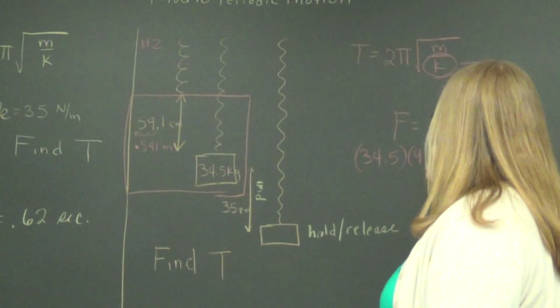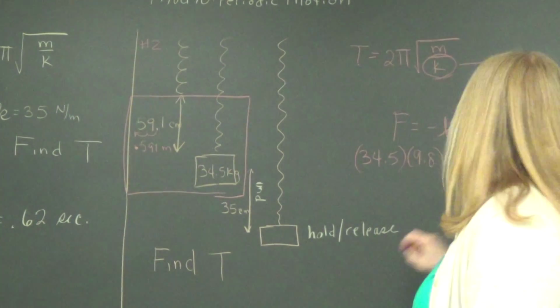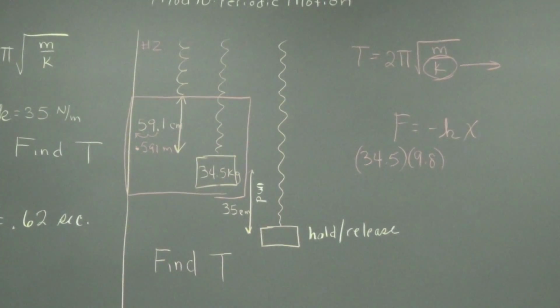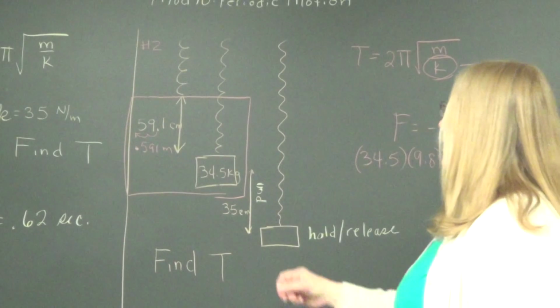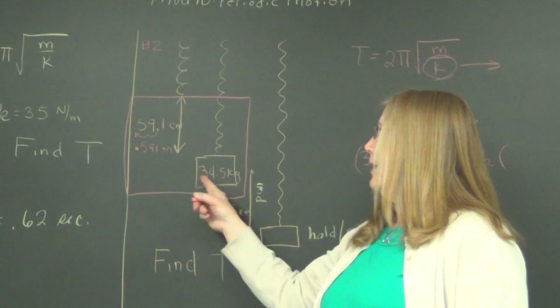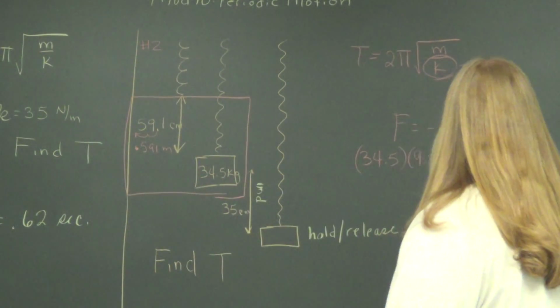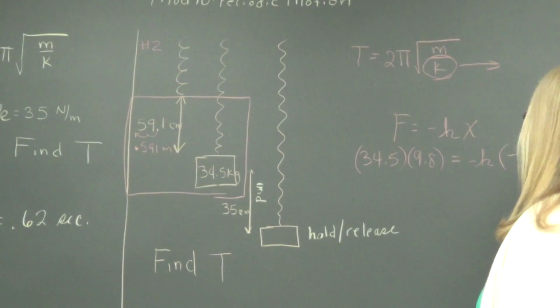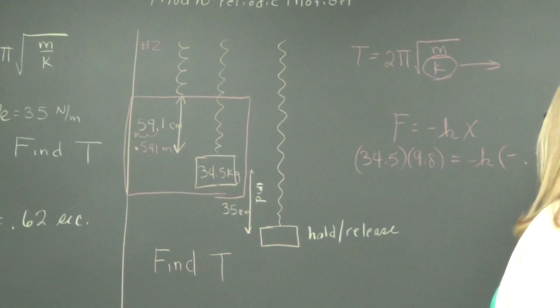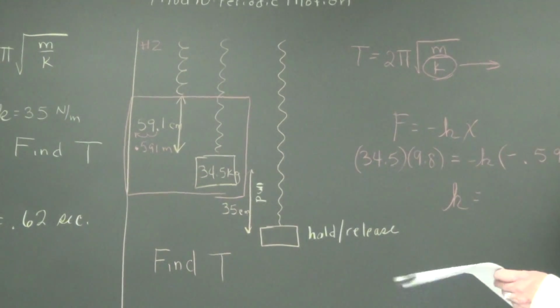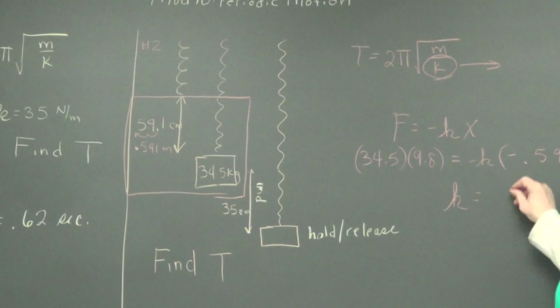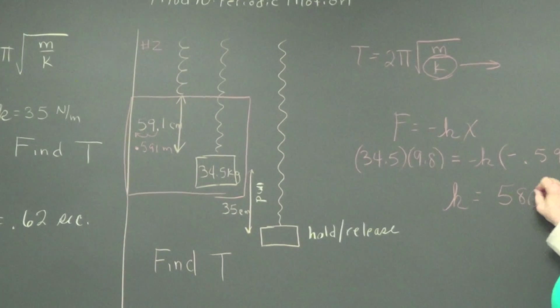The mass is changed to weight by multiplying by 9.8. Weight equals mg. Negative KX, where X is how far it came down when I hung the mass on it. It's 0.591, we'll say it went down negatively, negative 0.591. So when you solve that for K, see if you do not get something with sig figs around 580.